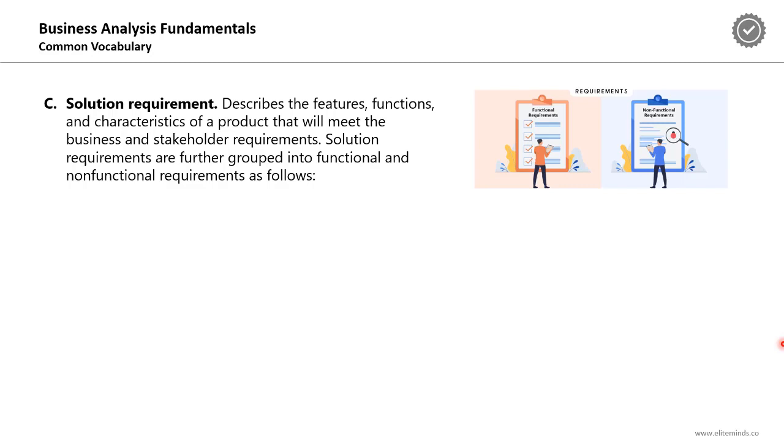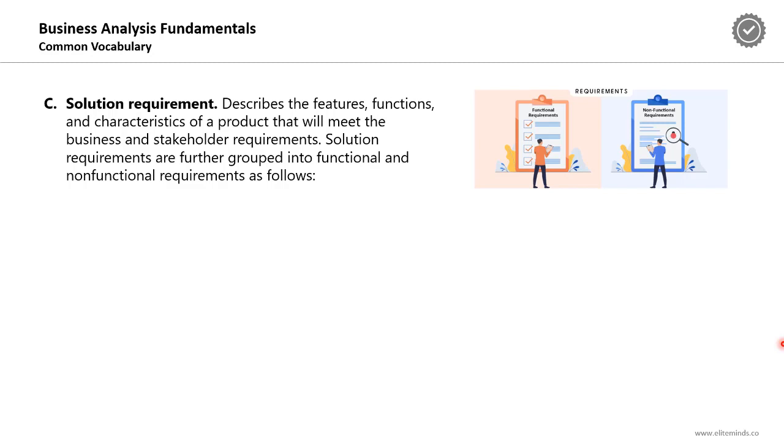The third type is the solution requirement, which describes the features, functions, and characteristics of a product that will meet the business and stakeholder requirements. So solution requirements are more specific to the product itself. Solution requirements are further grouped into functional and non-functional requirements. So if the requirement describes the product itself or the features that should be in the product, this is known as a solution requirement.